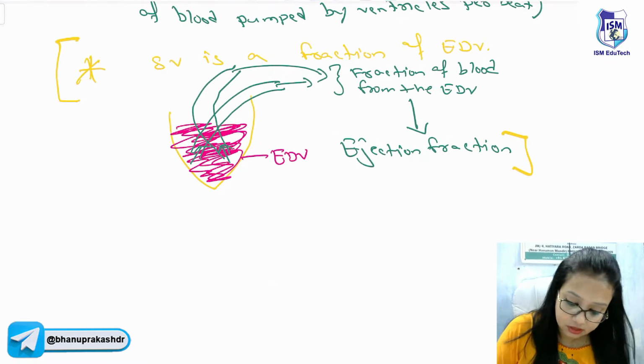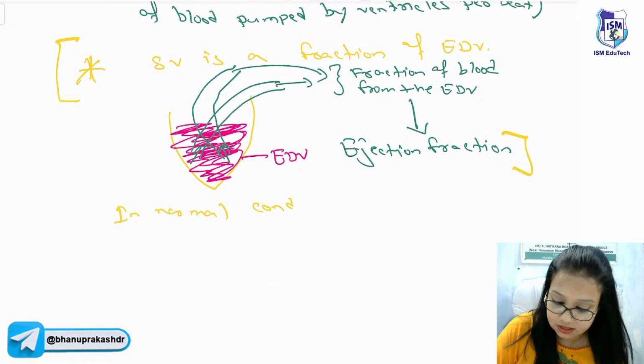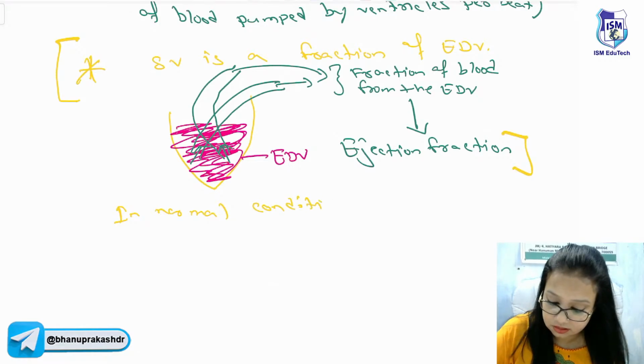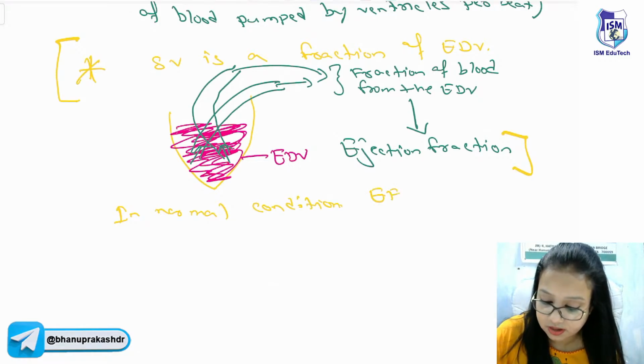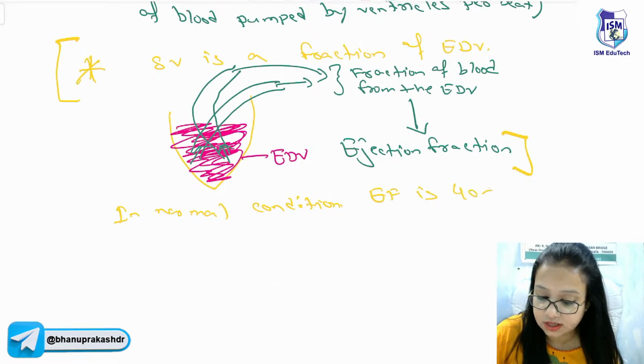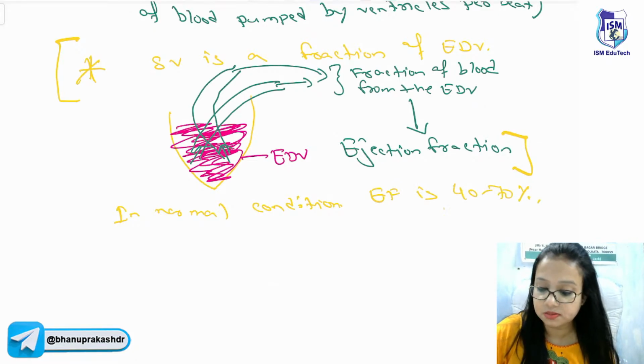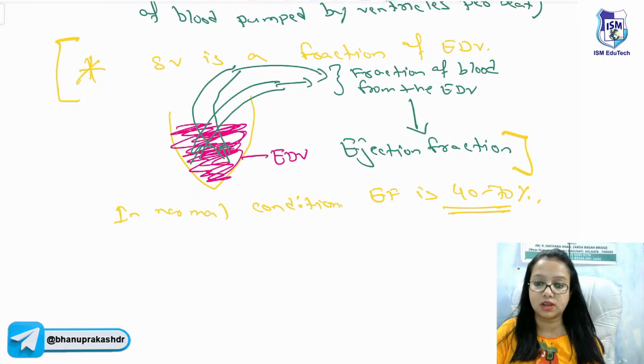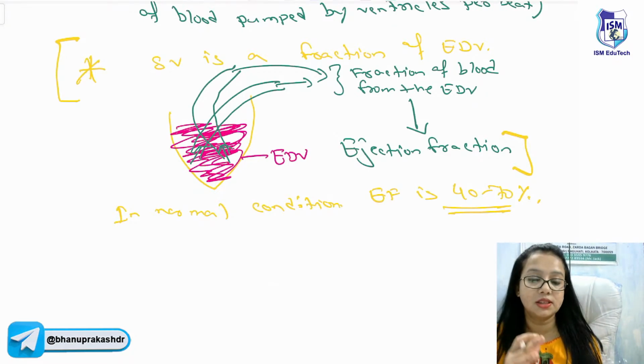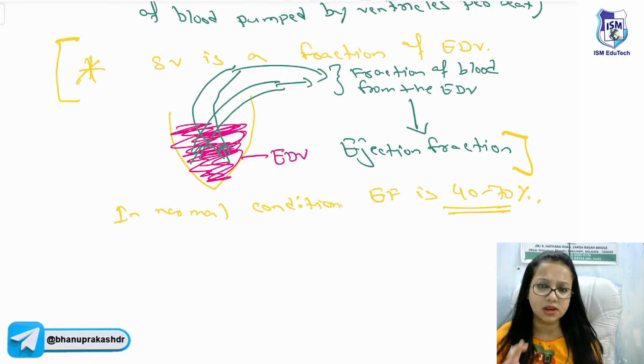And in normal condition, ejection fraction is 40 to 70%. It is not below that. If it is less than 40%, then it will signify some kind of cardiomyopathy.